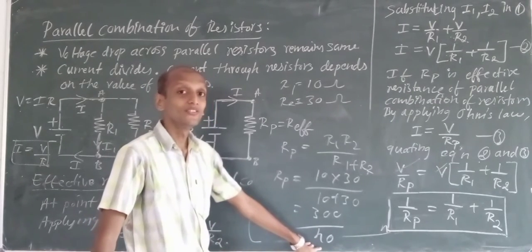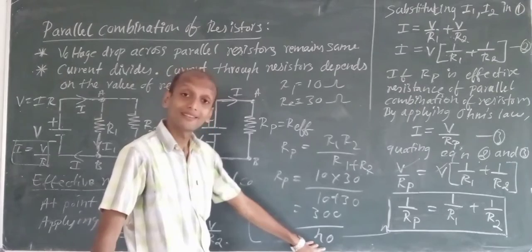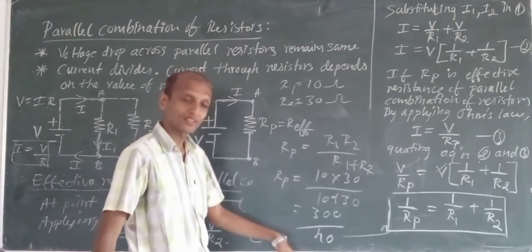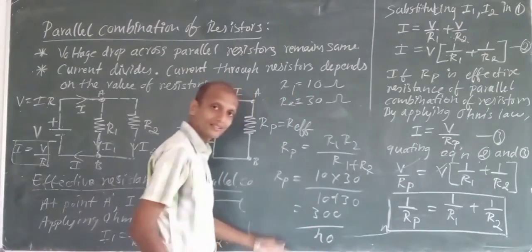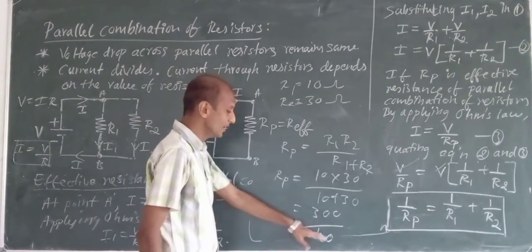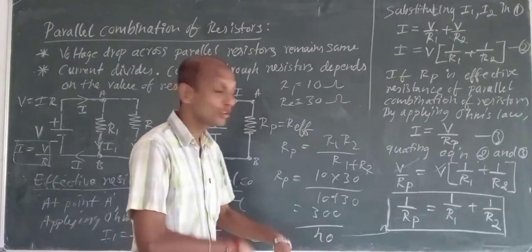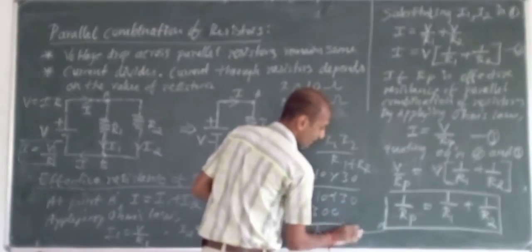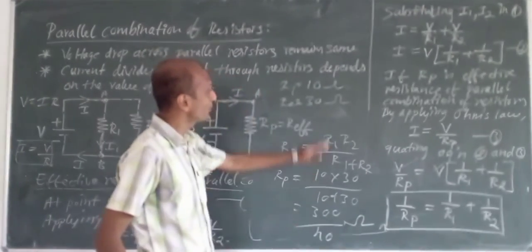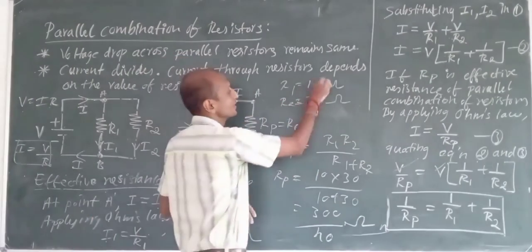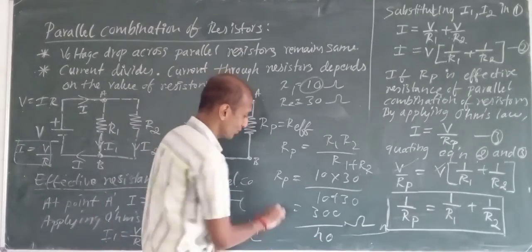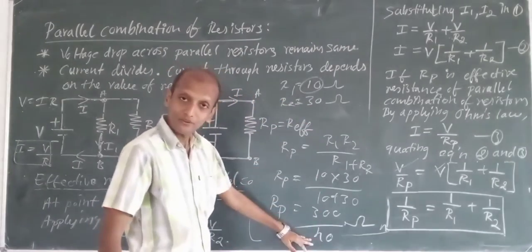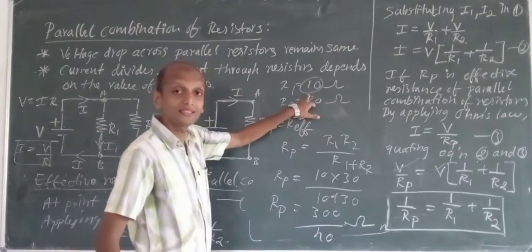4 tens are 400, and now it is 300, so the value of resistance will come out to be less than 10 ohms.